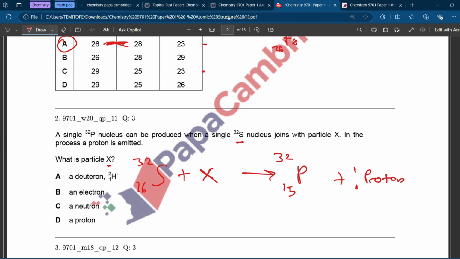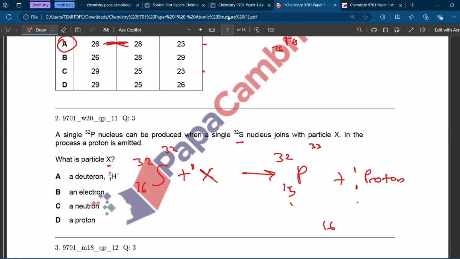In our case, the masses on one side, 32 plus X, should be equal to the ones on the other side, 32 plus 1. So we need one more mass, one more thing in the nucleus, to make the masses balance. This guy has a mass of 1. Then we also check the number of protons.